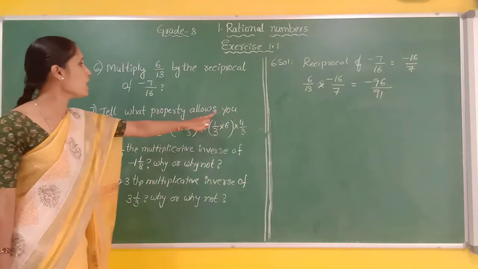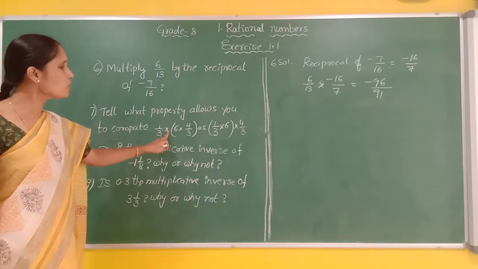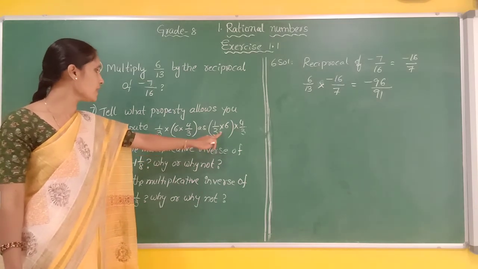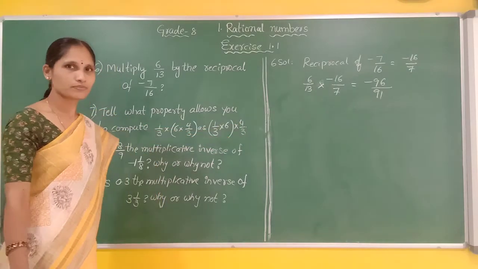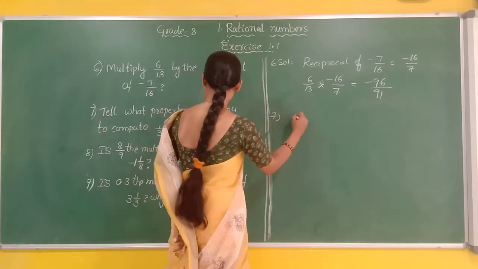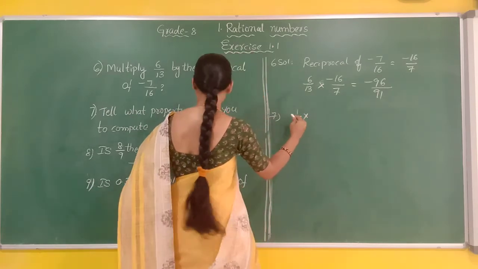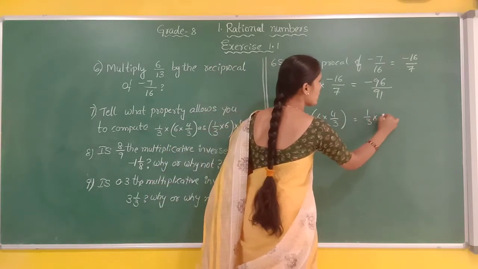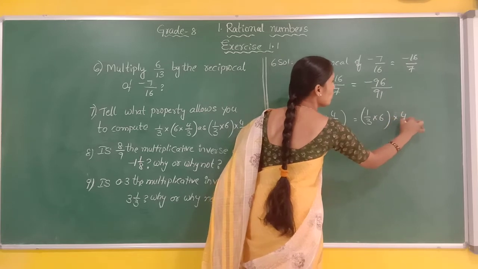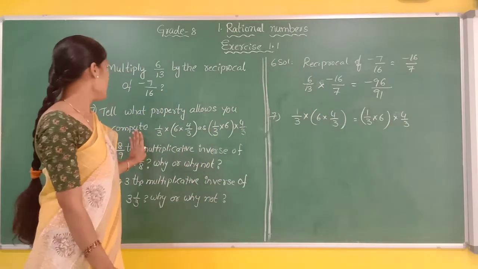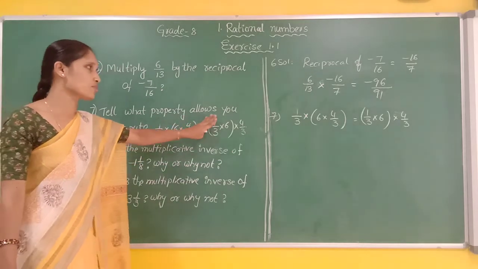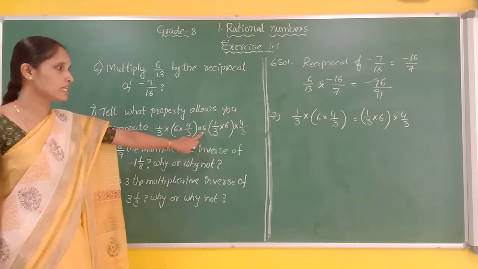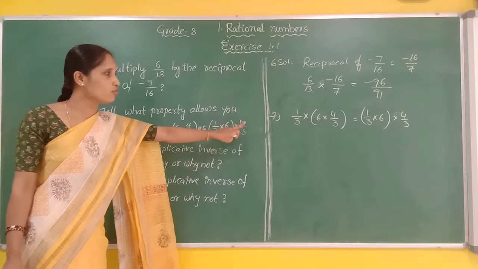Tell what property allows you to compute 1 by 3 into 6 into 4 by 3 as equal to 1 by 3 into 6 into 4 by 3, with the bracket grouped differently.